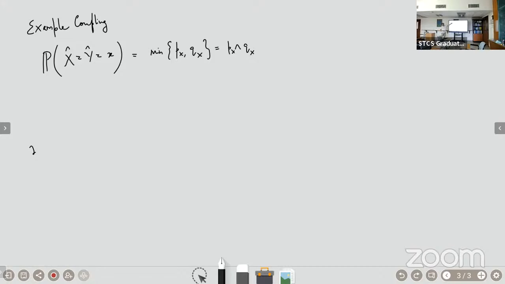So they're equal to some x with this much probability.